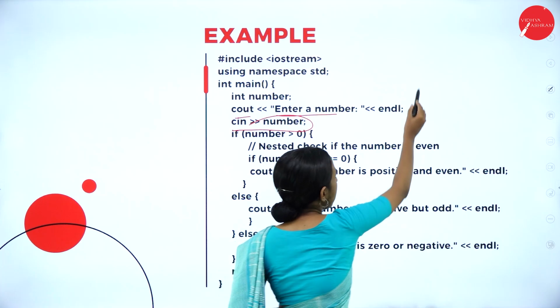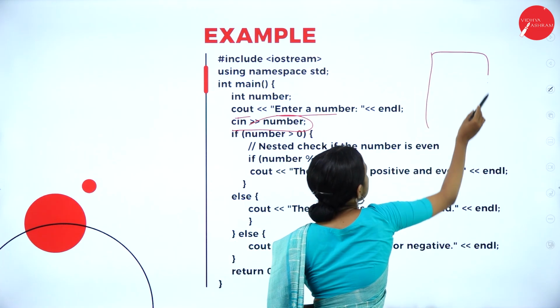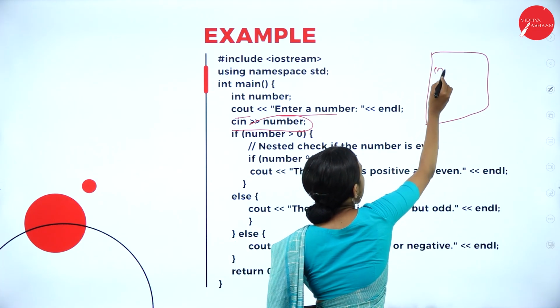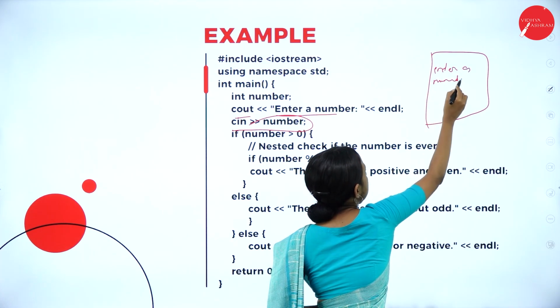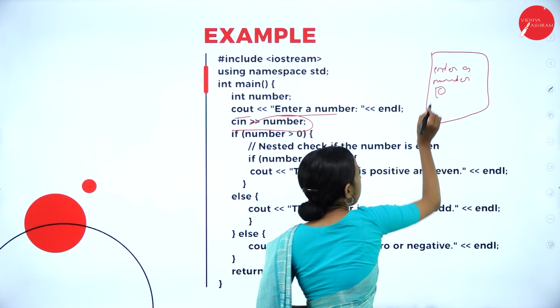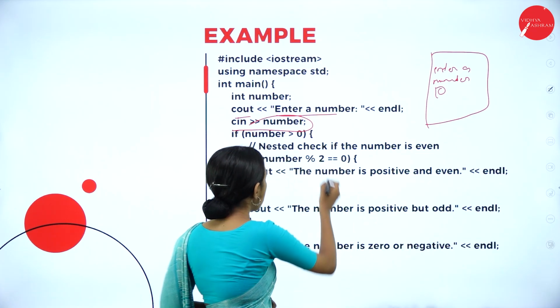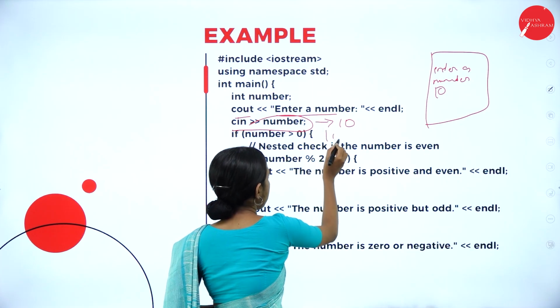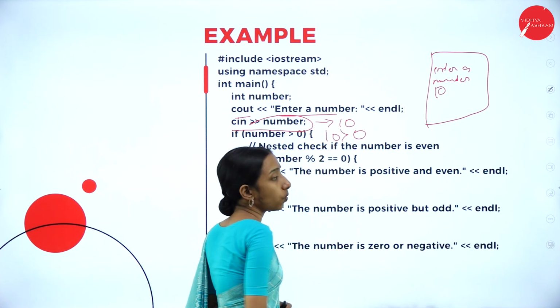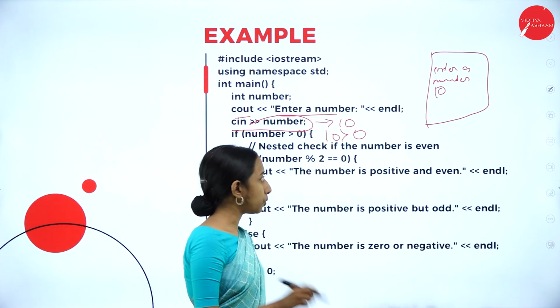Again, there will be an output screen, and here: enter a number. I will be entering 10. The input I have given is 10. It checks if 10 is greater than 0. The condition is true.